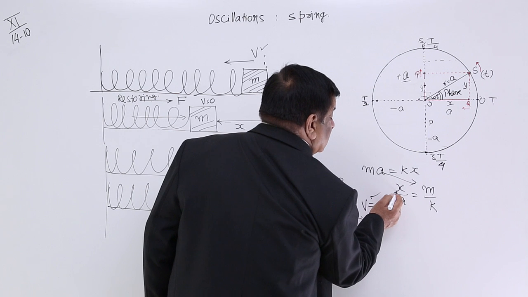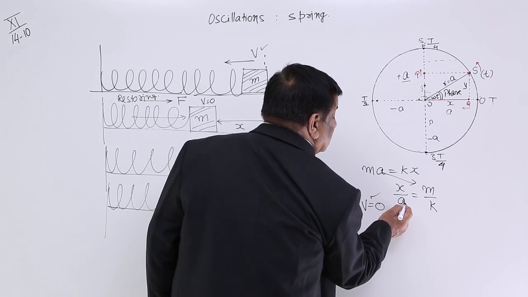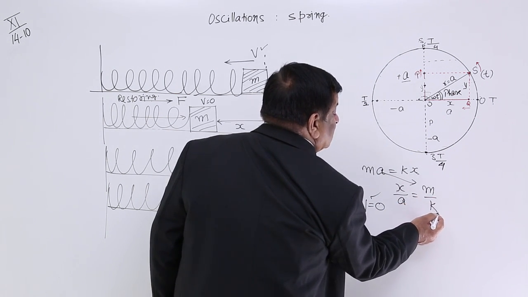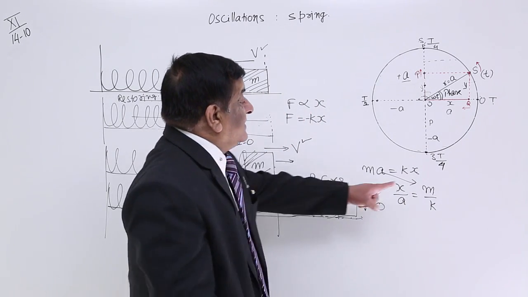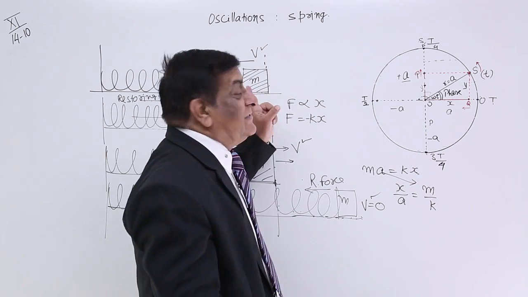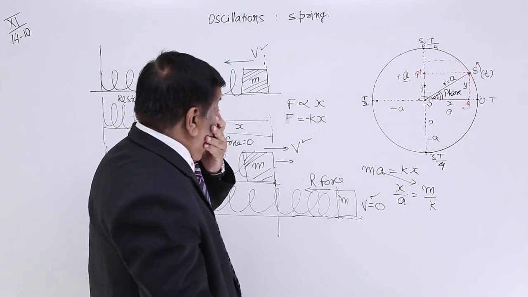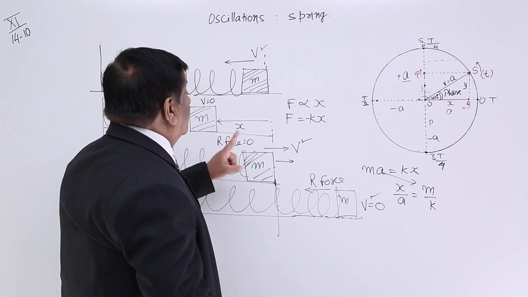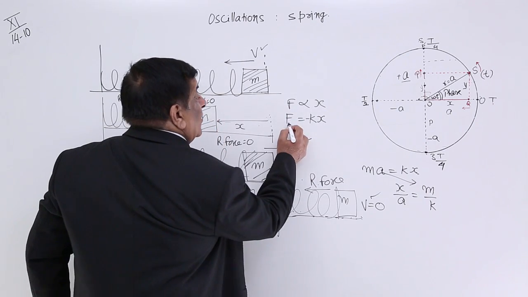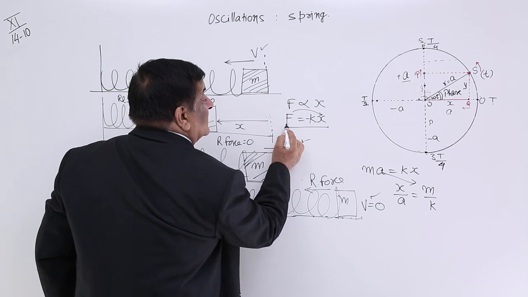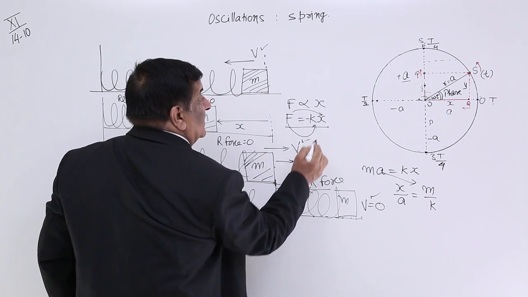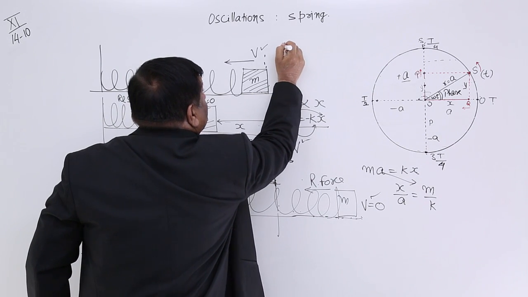This is displacement, this is acceleration, this is mass, this is the spring constant. This is the mass of the block, that is the load. Now we have proved that the force is proportional to x and the force is in the opposite direction. I will write it here.